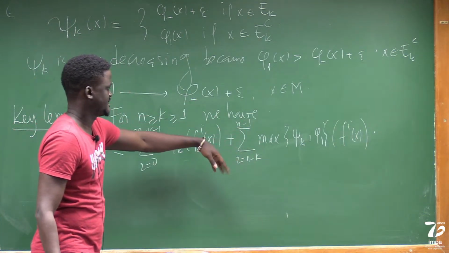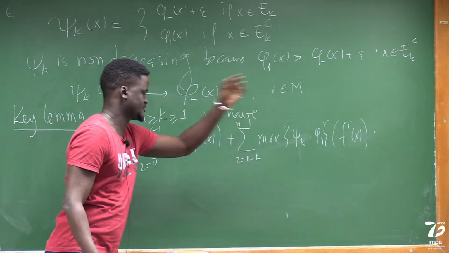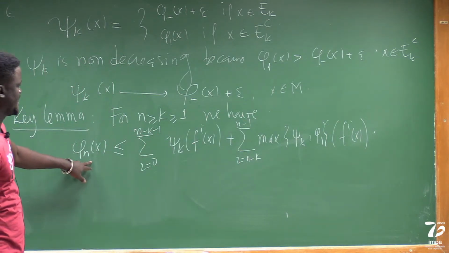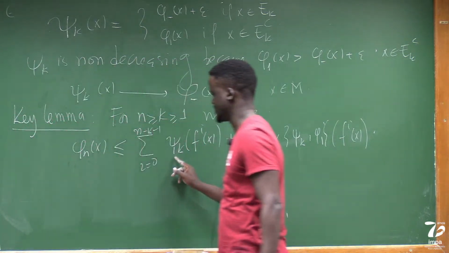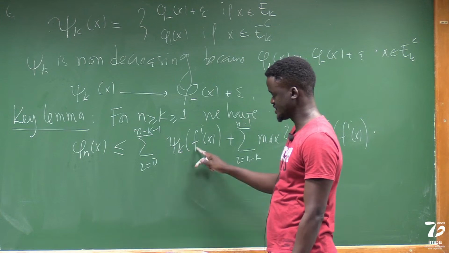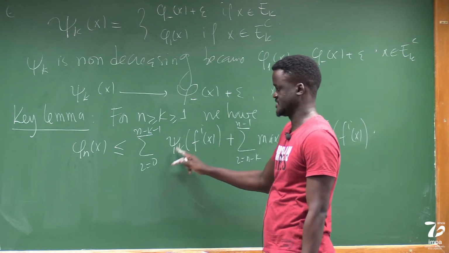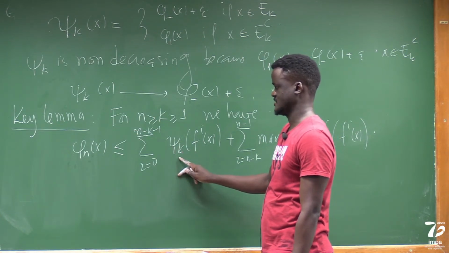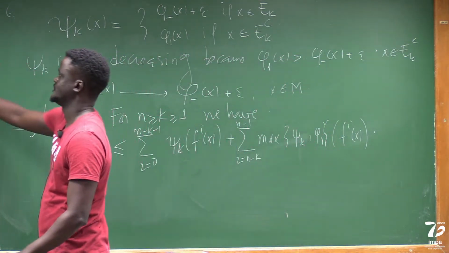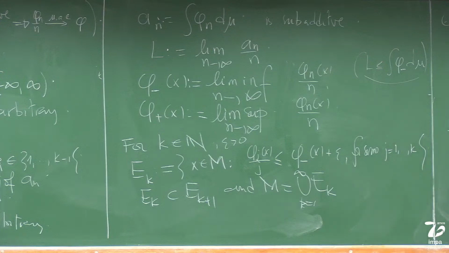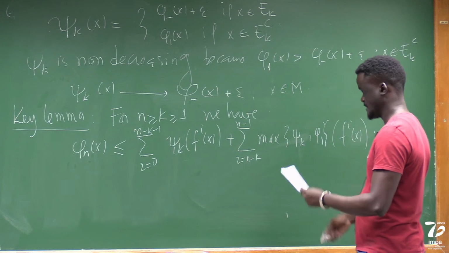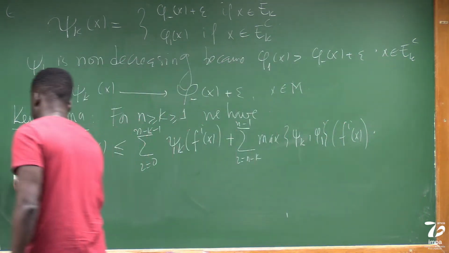Don't care much about this because you divide its bound, it goes to 0. If you divide here by n, and all these terms here, if you see their integral, you use invariance. So it is the integral of the same function. So you will see that this key lemma will prove this, which is the most difficult part of the proof. Okay. Now let's try to prove this lemma.